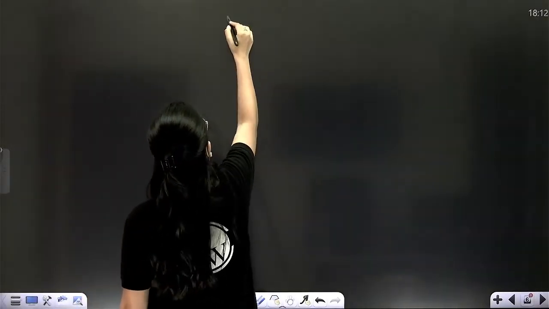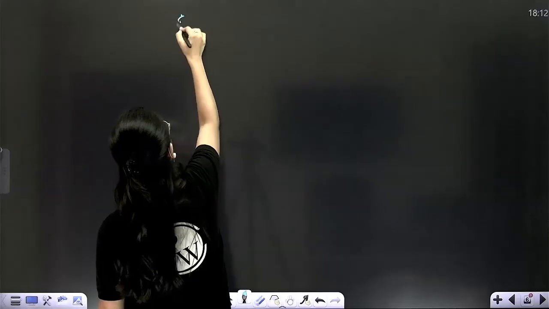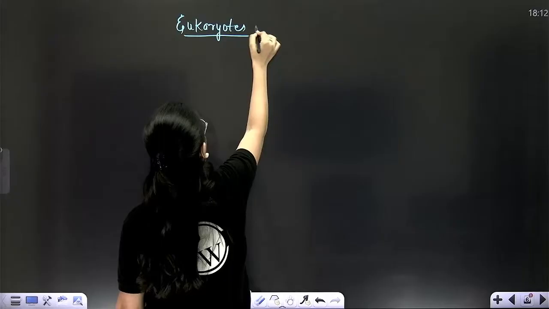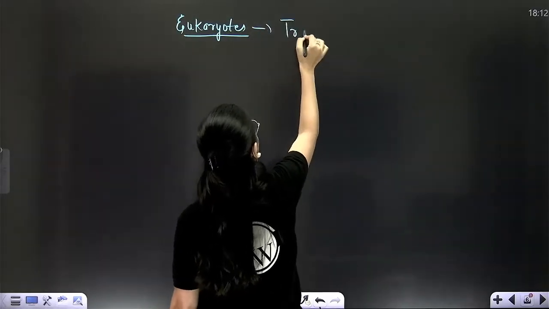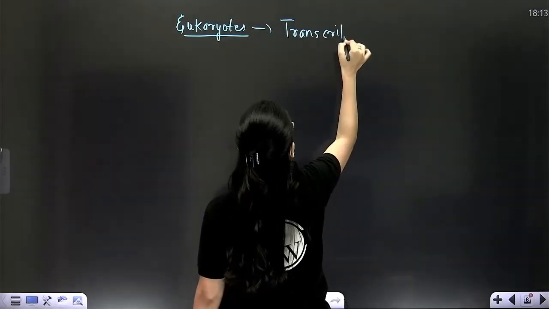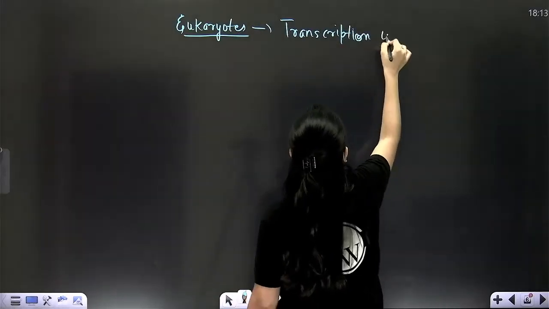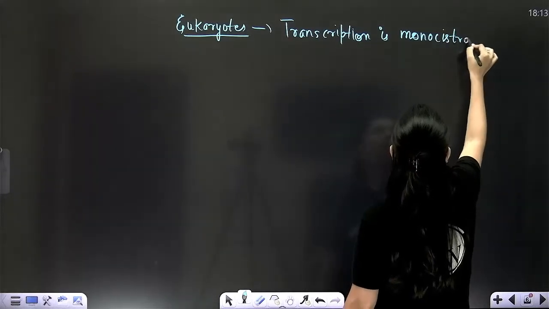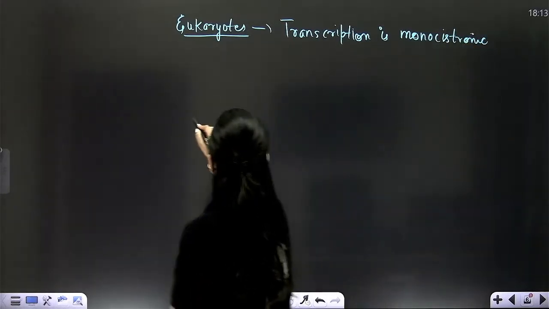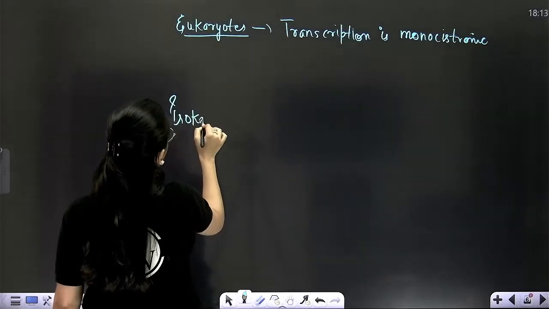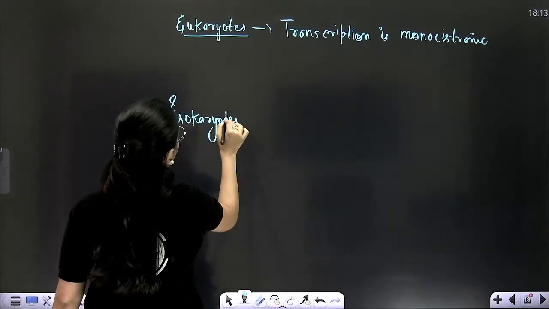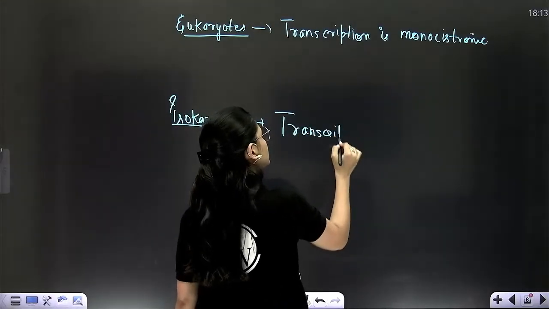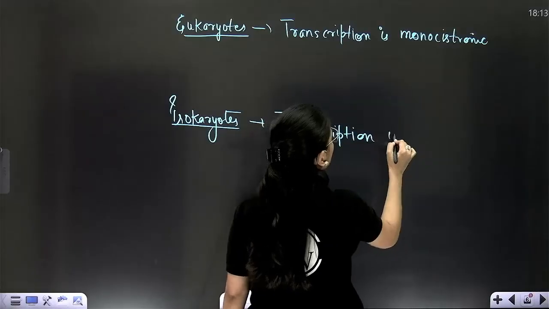Now, see, in case of eukaryotes, transcription is monocistronic, whereas in case of prokaryotes, transcription is polycistronic.